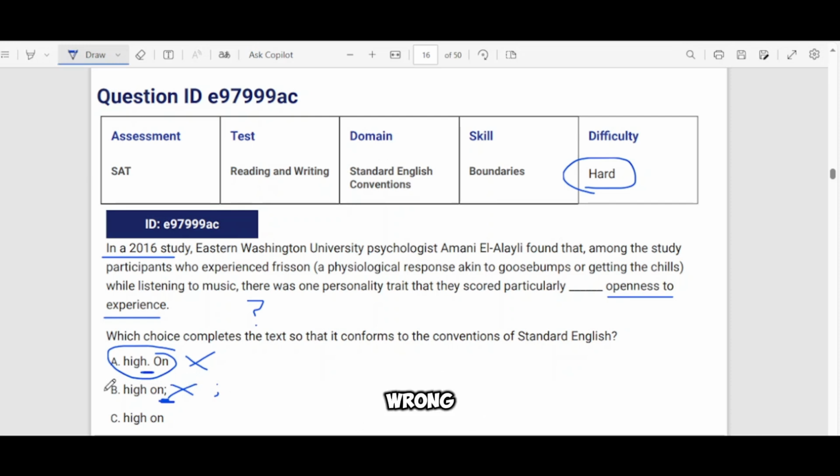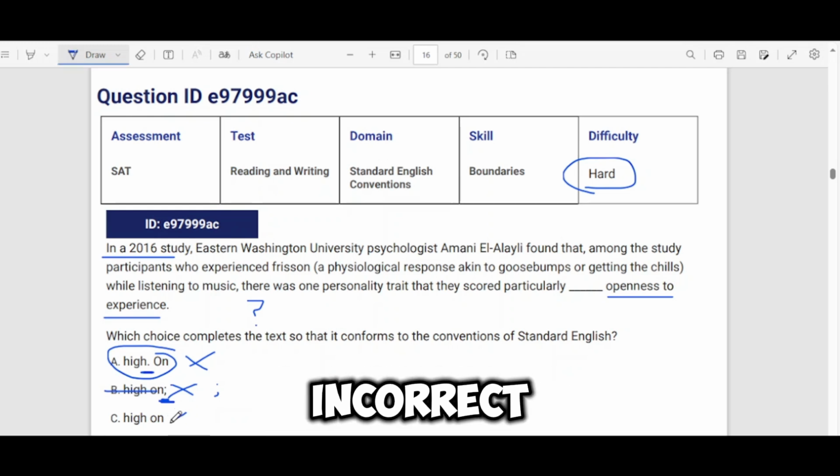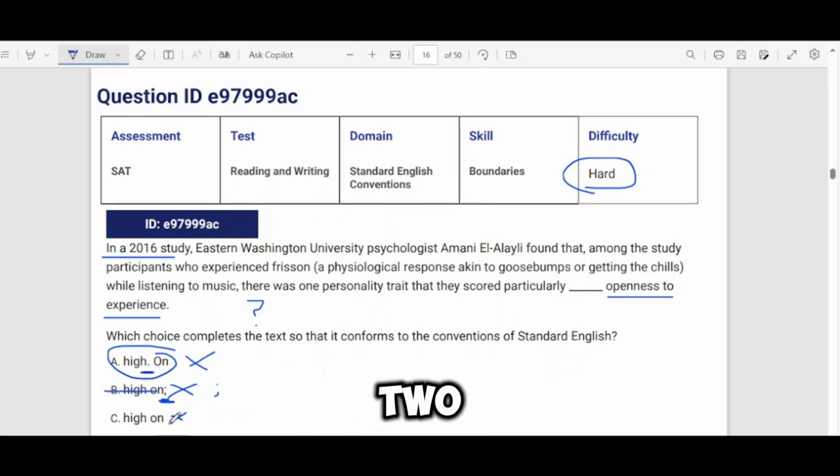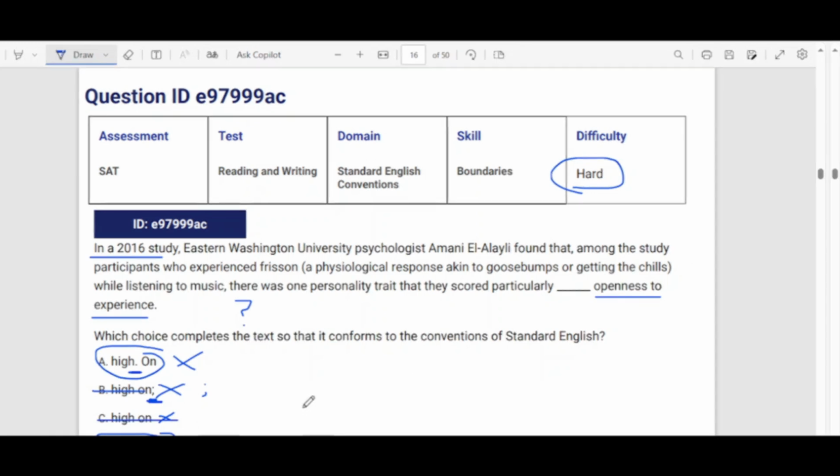Okay, high on opens to experience. This one is also incorrect because we don't have two independent clauses here. Okay, so high on and colon. This is correct. Why? Because we've got an independent clause before this colon and a dependent clause after this colon, so this is perfectly fine.